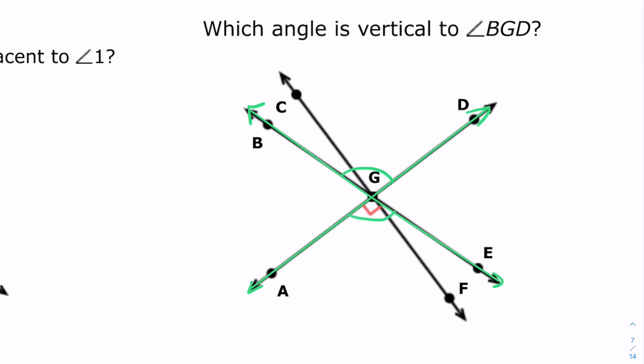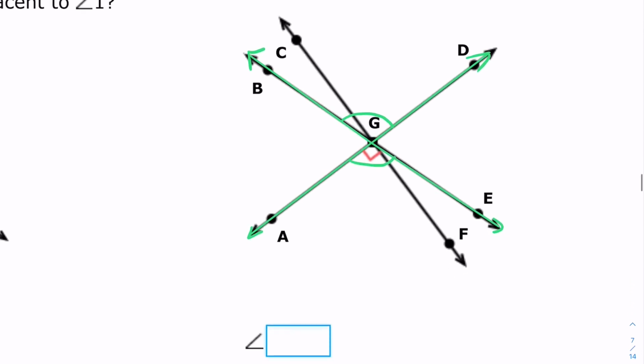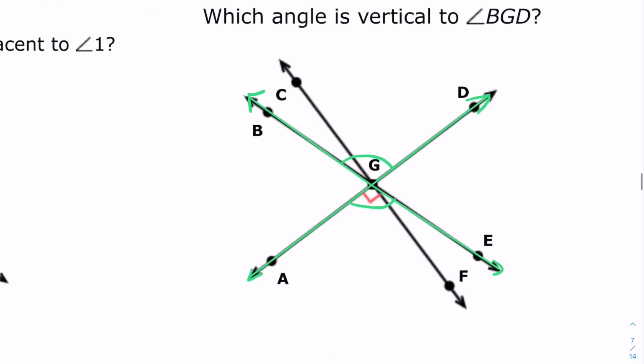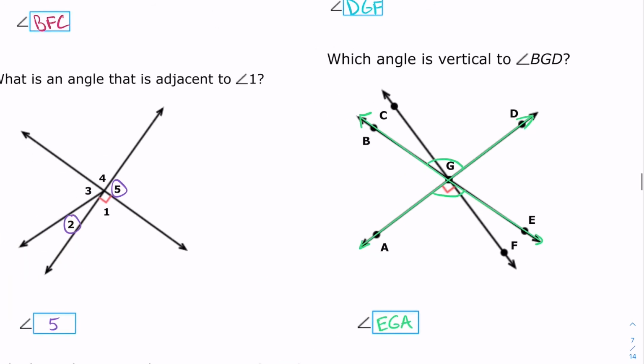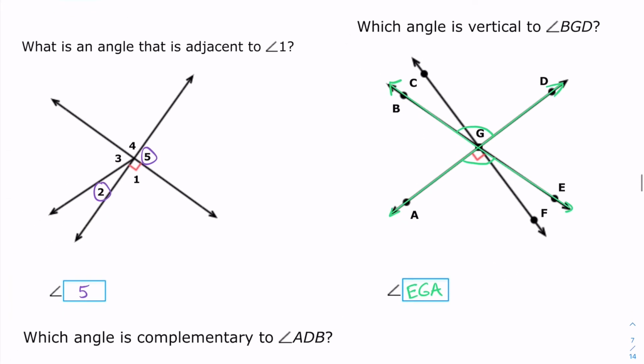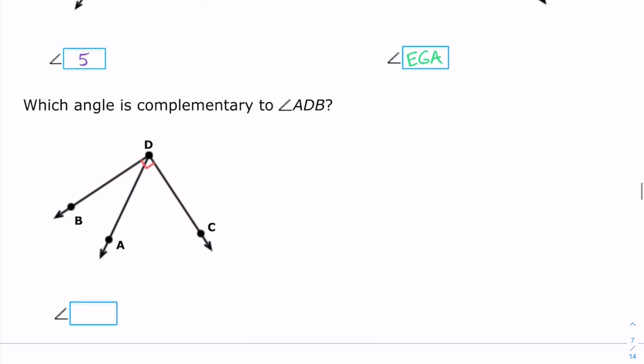And what is that? Well, it is EGA. So it goes from E to G to A because GE is opposite GB and GA is opposite GD. Because it was asking BGD, it's now going to be EGA for vertical.